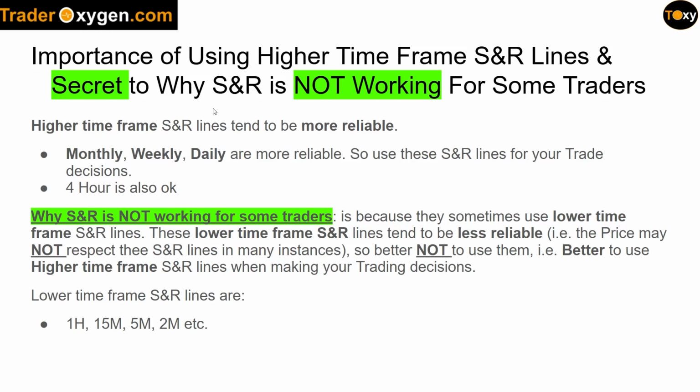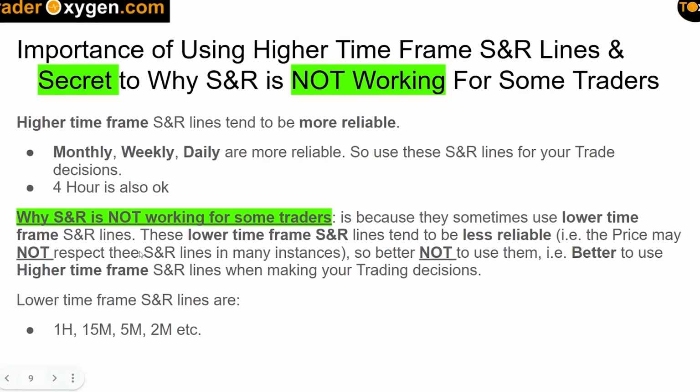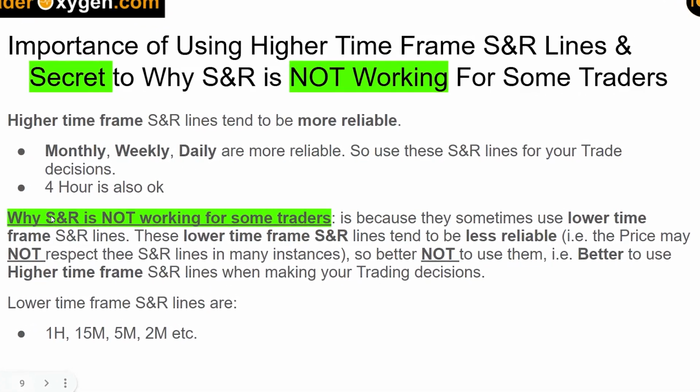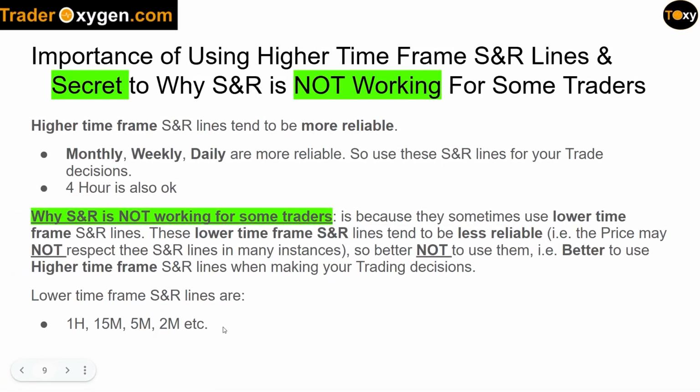Okay, so now let's look at the importance of using higher time frame support and resistance lines, and the secret to why SNR is not working for some traders. You can draw support and resistance on any time frame, like monthly, weekly or daily charts, or you can draw them on 4 hour, 1 hour, 15 minute, 5 minute, 2 minutes. You can draw it on any time frame.